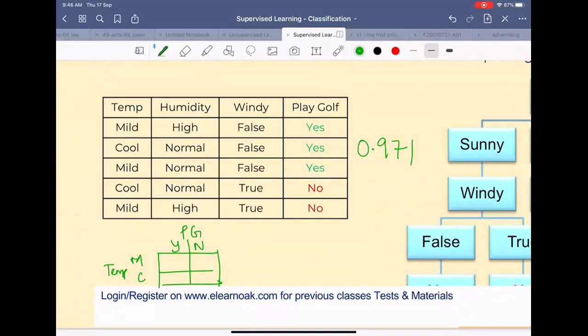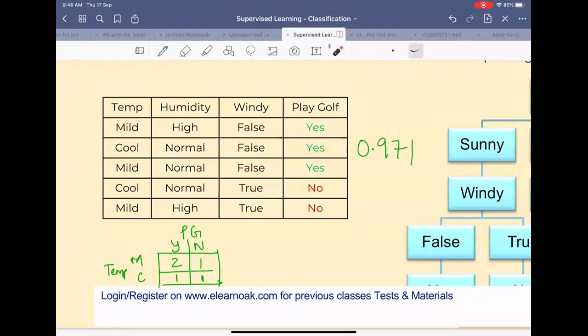How many yes do I have with mild? I have 2 yeses and 1 no for mild. What about cool? I have 1 yes and 1 no.